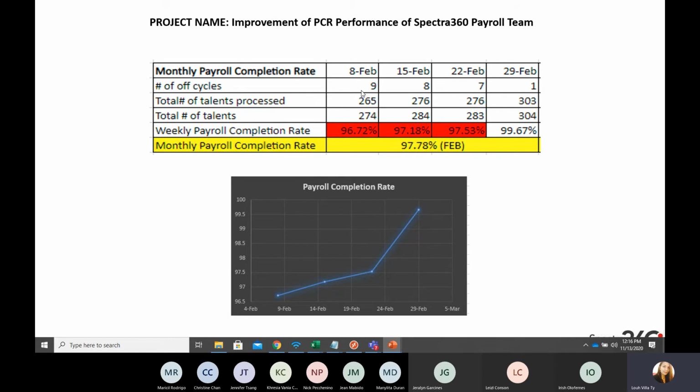There's still more, actually. For February 8, we had, I think, 15, because the other off cycles were like talent's assignment ended, but I did not include those. So these are the very actual off cycles wherein we were not able to complete during payroll on a Tuesday. So the payroll completion rate for February is at an average of 97.78%.